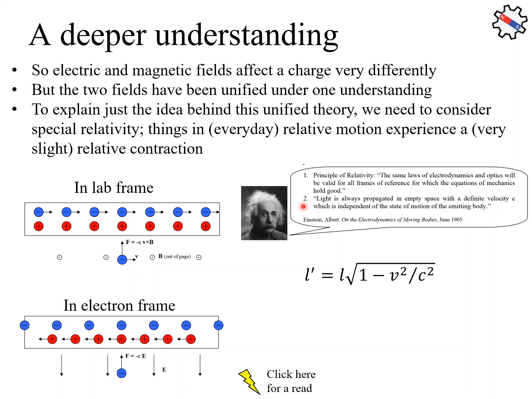So it's always 3 times 10 to the 8 meters a second. And from that, he came up with this, that the new length of an object equals the original length times the root of 1 minus v squared over c squared, where v is the relative speed. That was originally called the Lorentz equation because it came from another method originally by Lorentz, and Einstein was able to show that these postulates led to this equation.